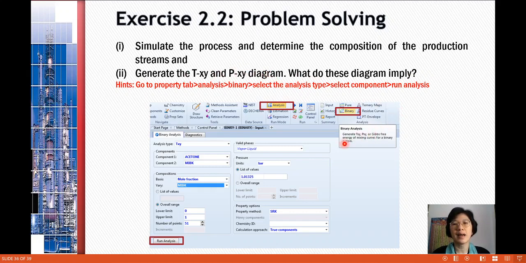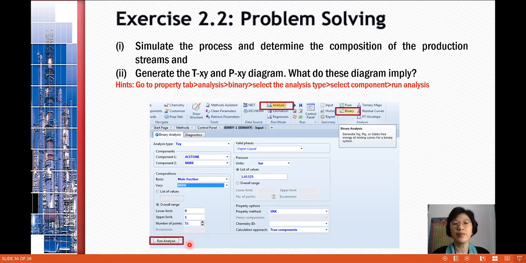I have given you some hints here to generate the TXY and PXY diagram. You have to go back to the property environment, and under the analysis you choose binary to allow the binary analysis. Then you select the type of analysis, select the components, and then run the analysis.